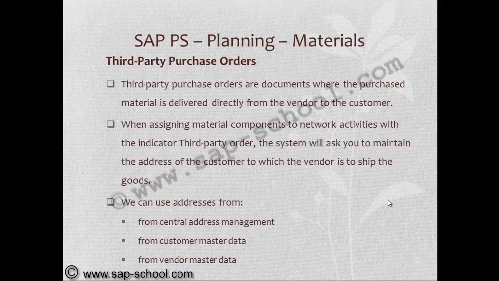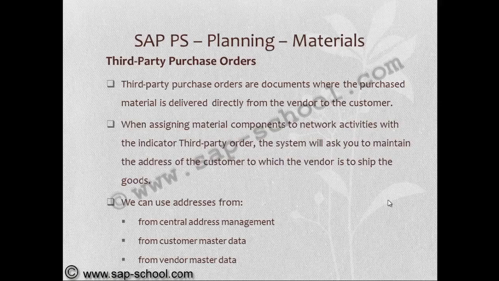Third-party purchase orders. Third-party purchase orders are documents where the purchased material is delivered directly from the vendor to the customer. That means we are not directly taking it into the warehouse inventory stock. When we assign material components to network activities with this third-party order indicator, the system will ask you to maintain the address of the customer to which the vendor is to ship the goods.